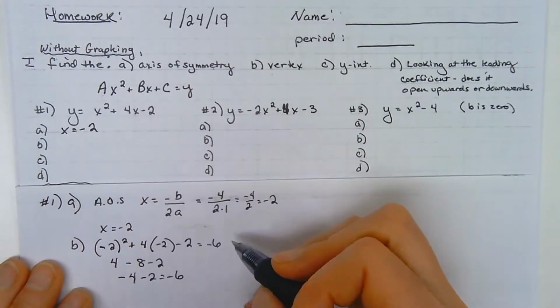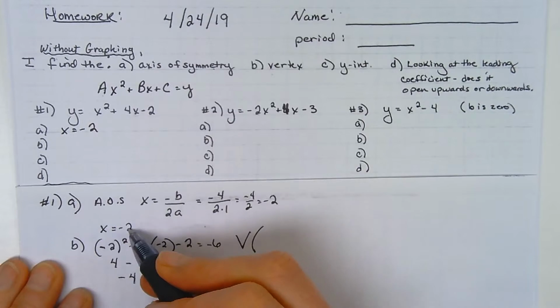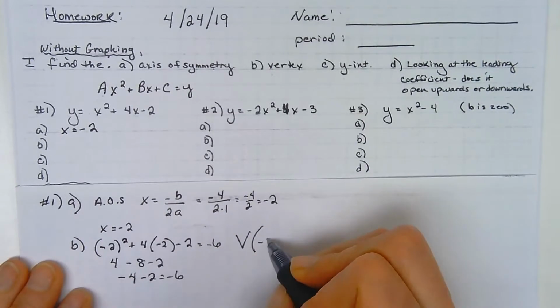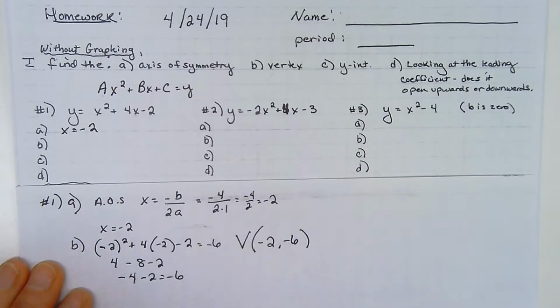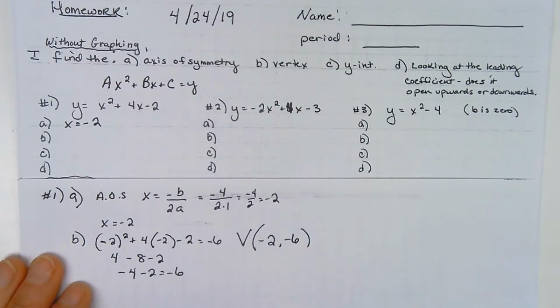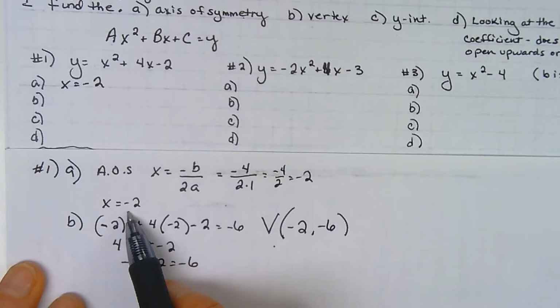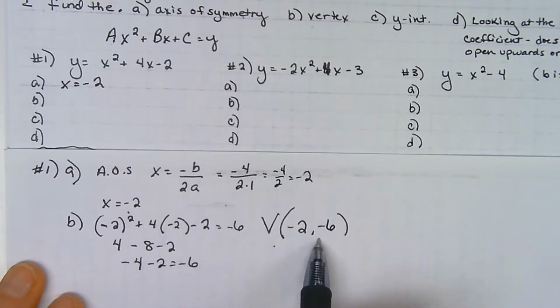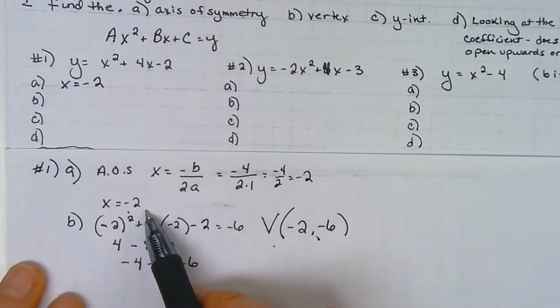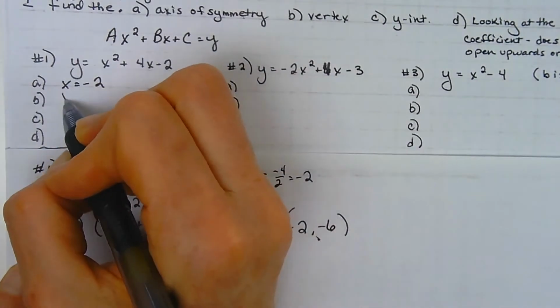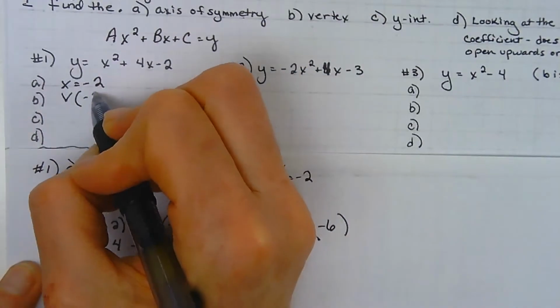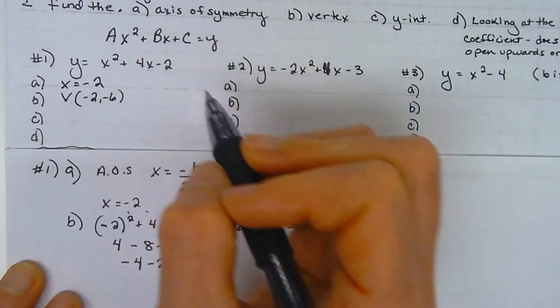So the vertex is going to be at negative 2, negative 6. The x value is negative 2 from the axis of symmetry, and the y value will be whatever value comes out of the function when I put in negative 2. So there's the vertex, negative 2, negative 6.